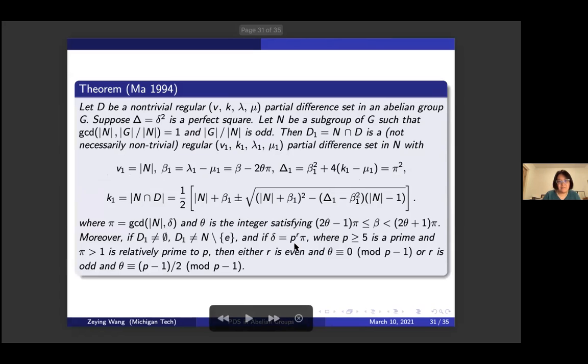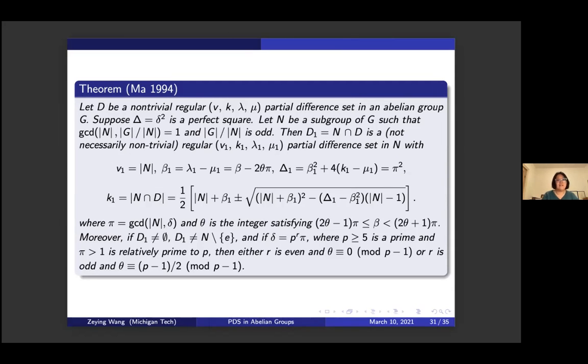So we need a math result from 1994. Ma proved this result in the subset partial difference set paper. And in fact, I have been using this subset of partial difference sets result many times, but I didn't pay much attention to the second part.